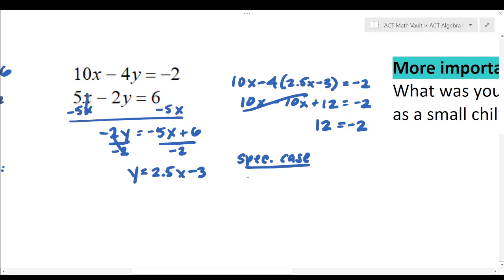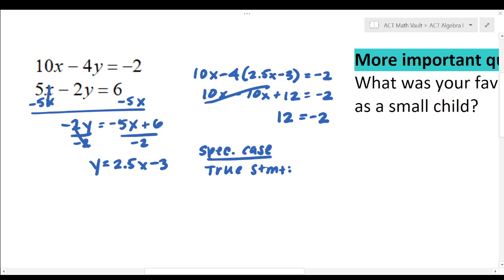So if you end up getting a true statement at the end, like 5 equals 5, then that conclusion would be infinitely many solutions. And then if I have a false statement, then the false statement would tell me that there are no solutions.